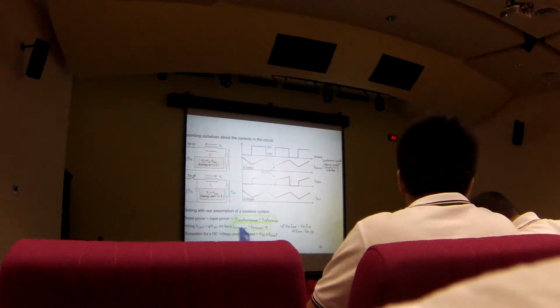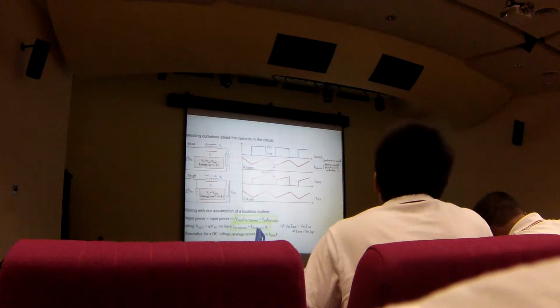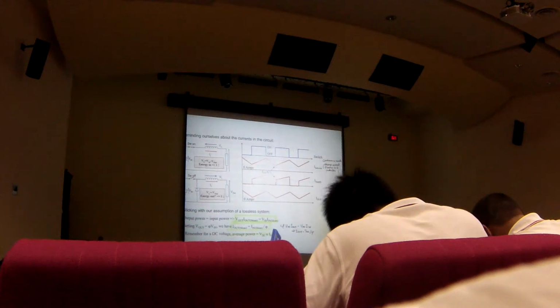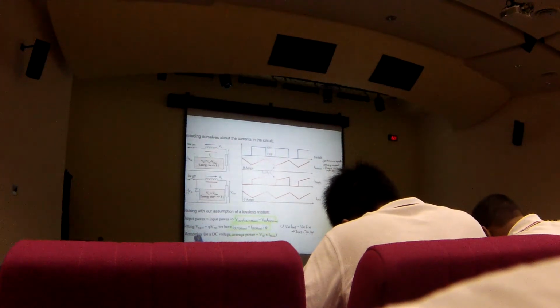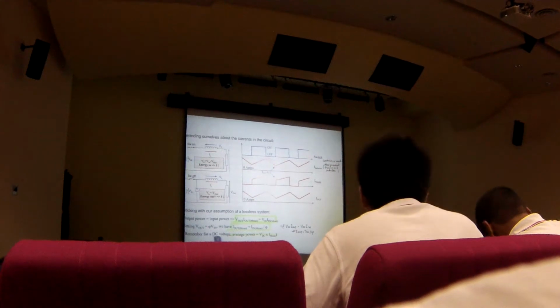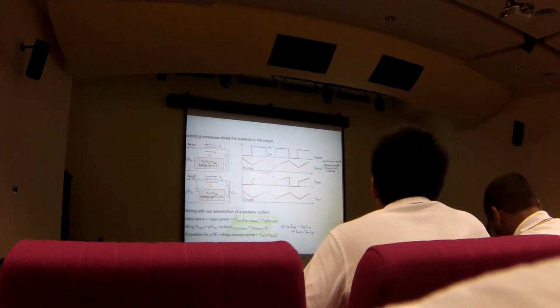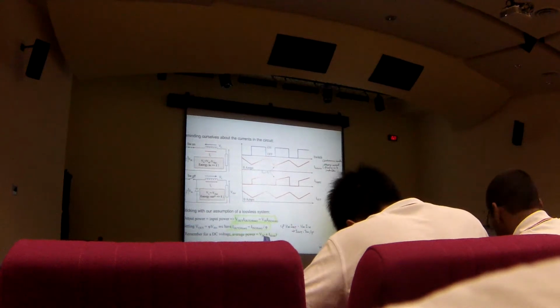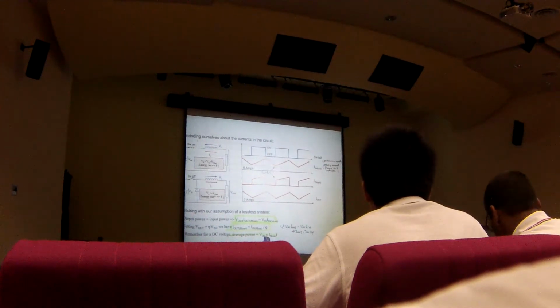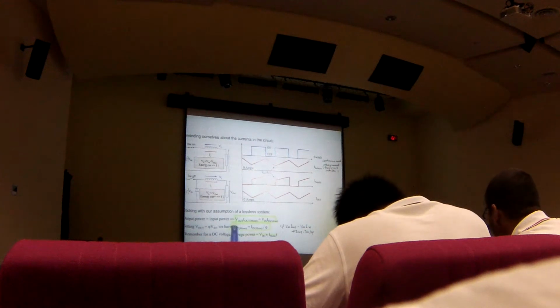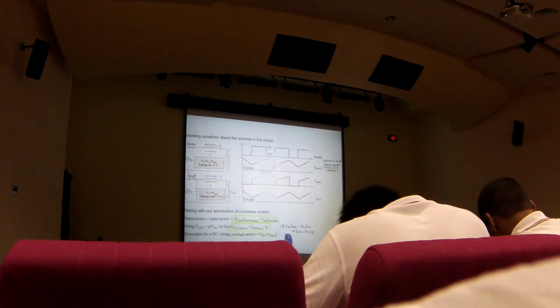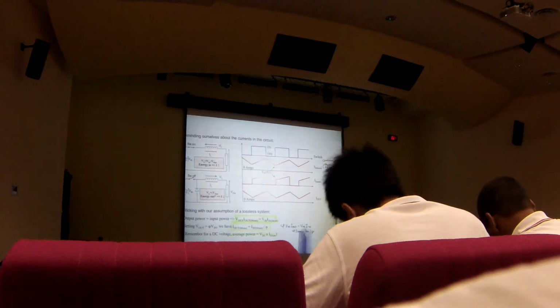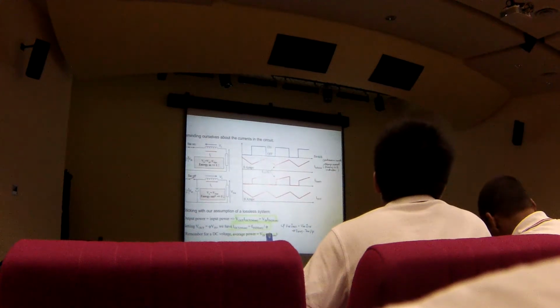What happens is V out times I out mean is equal to V in times I in mean. You had a relationship V out equals phi V in, substitute that, and you end up with I out equals I in over phi. Just substitute your V out with phi V in here, and then you get rid of the V in, and you end up with this relationship for your current.